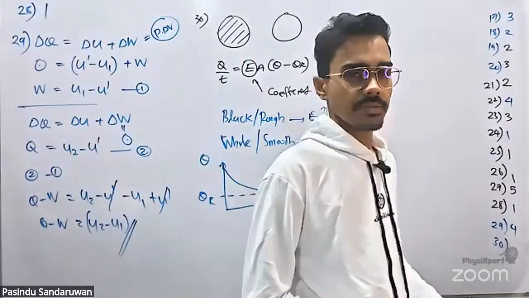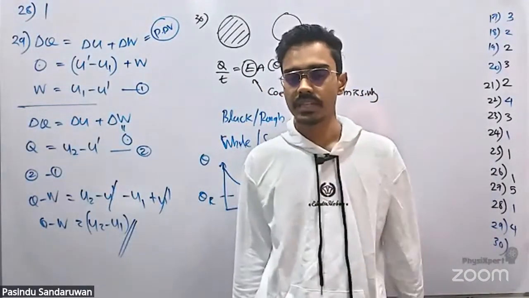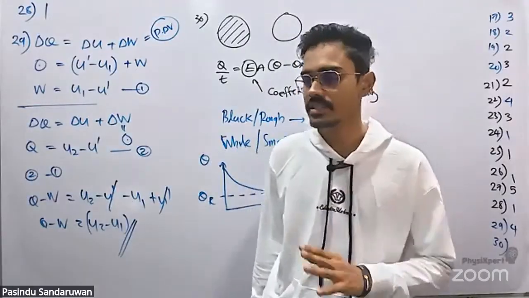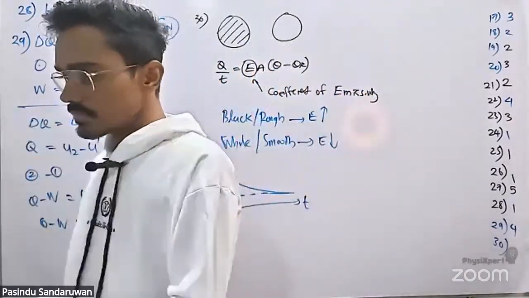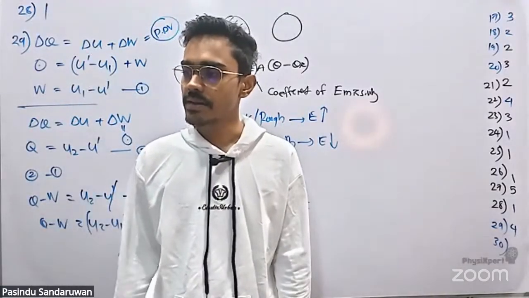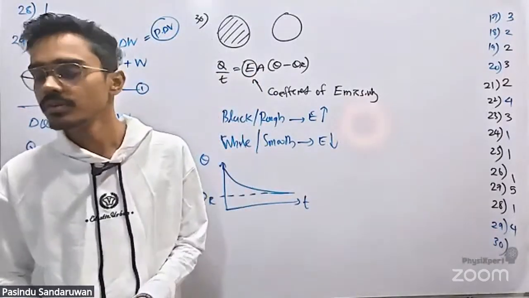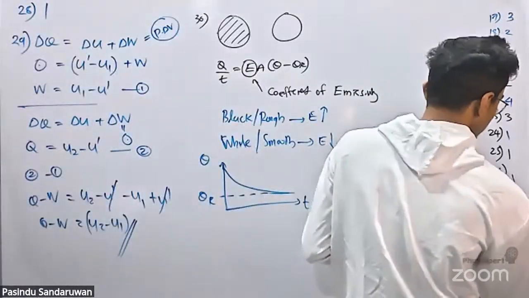Both are coming to the room temperature. It is correct. At the end, the temperature of the two spheres are the same and the chamber is different? No, all are same. For 30, answer is 4.